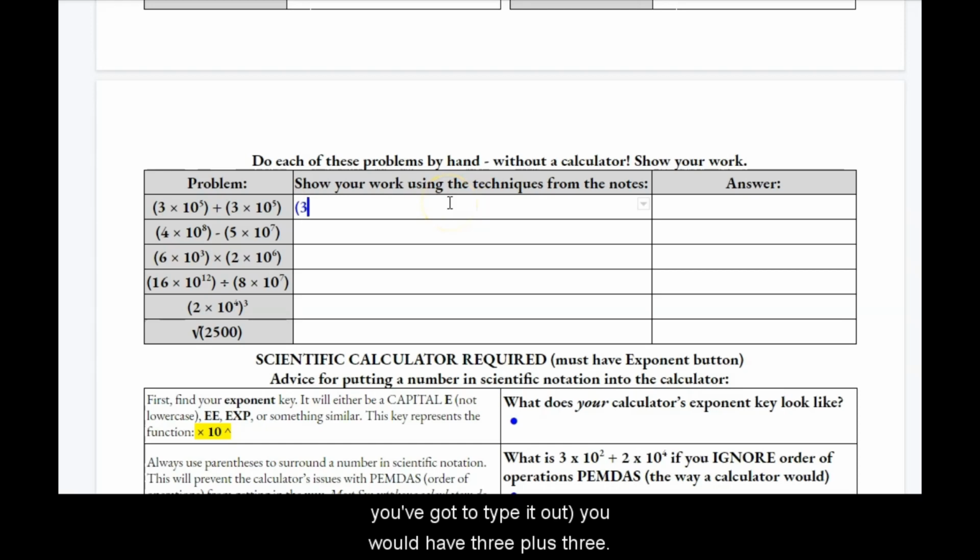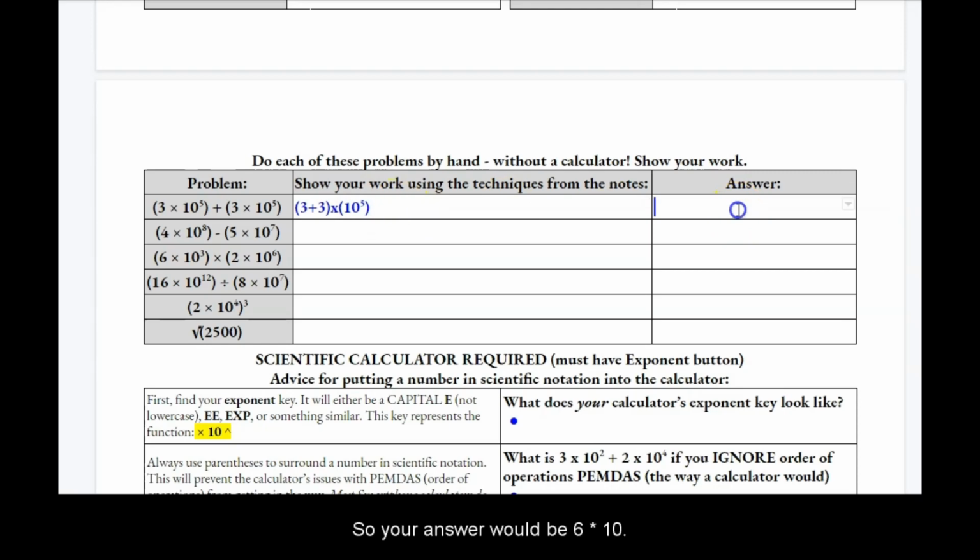You would have 3 plus 3 times 10 to the 5. And you can either do the caret like that, or remember you can highlight that number and go control period, and that'll turn it into that little 5, and you can get rid of that caret. And so your answer would be 6 times 10 to the 5.